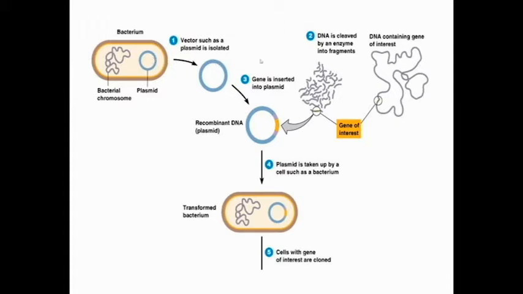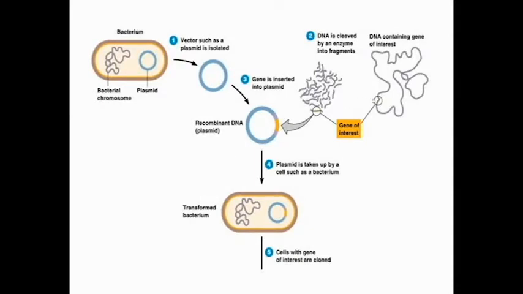So this picture just explains what I just said about the recombinant DNA technology, all right? Basically, you collect the DNA from any organism, the genomic DNA. Then from the genomic DNA, you have a piece of DNA of interest, and that will be the gene of interest.